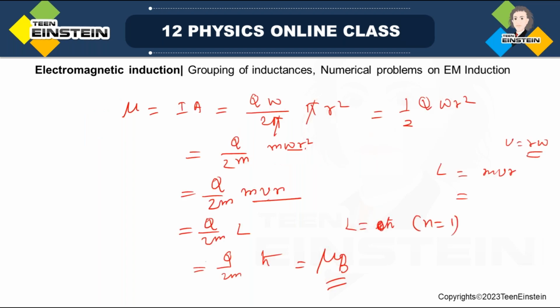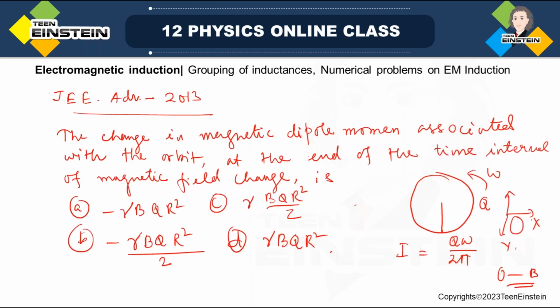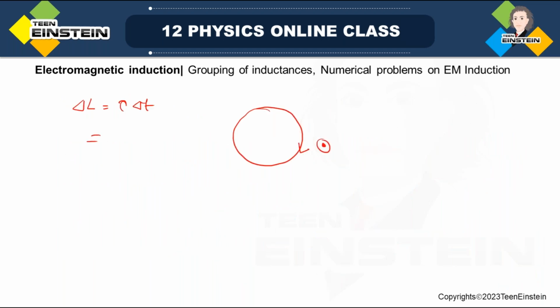What was the information given? Current was given, and from there we could find the magnetic moment.